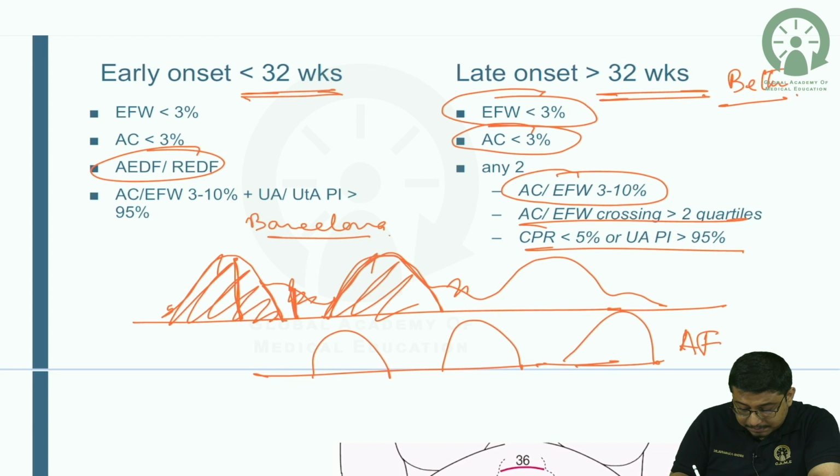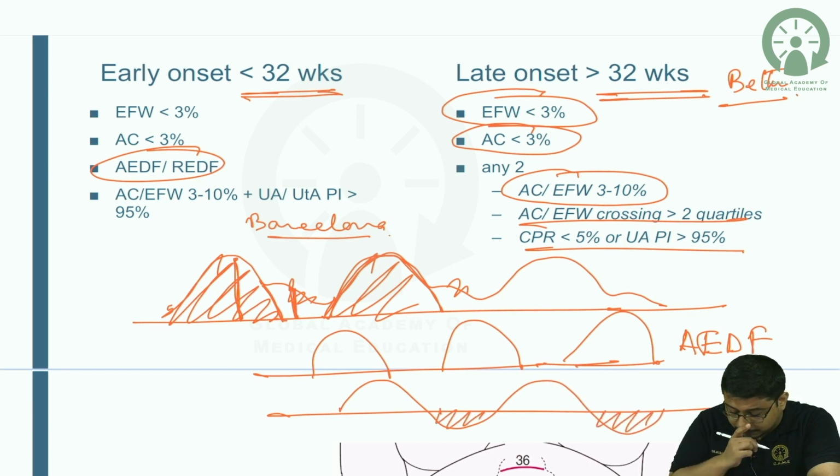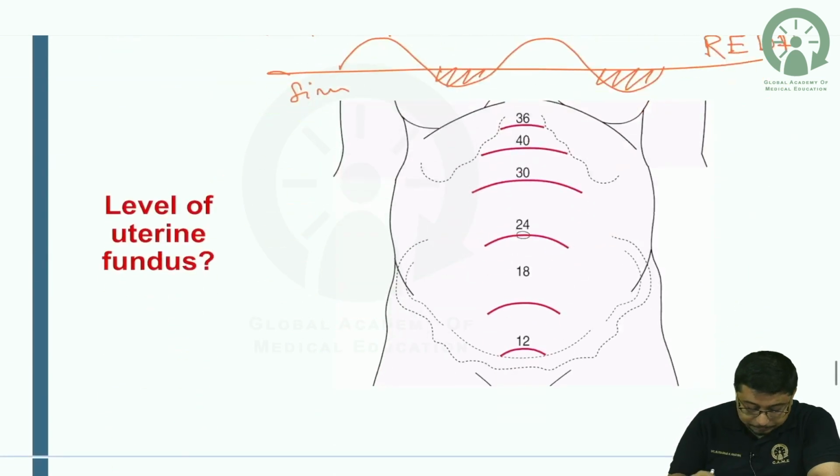So this is absent end diastolic flow, and the resistance might increase so much that the blood flow is from the fetus to the mother during the diastole. That is known as REDF, or reversed end diastolic flow, right? This is also known as the sine curve.